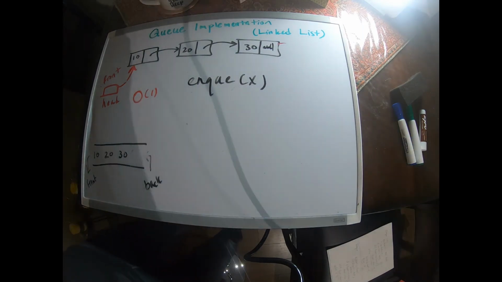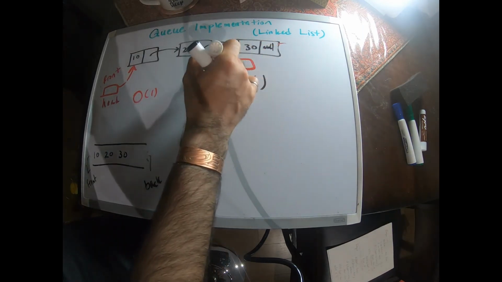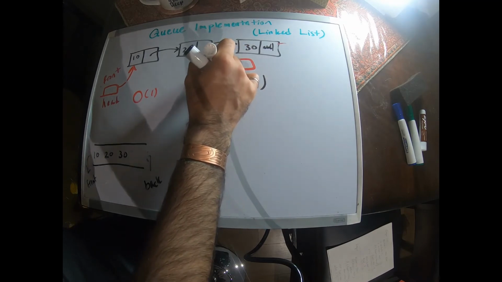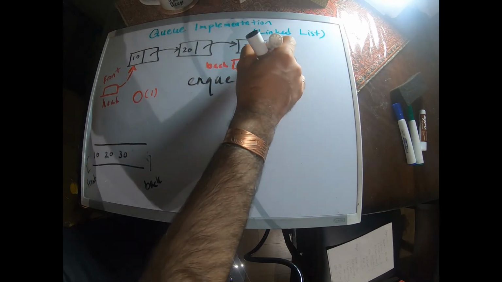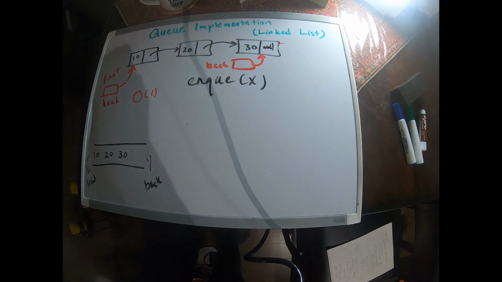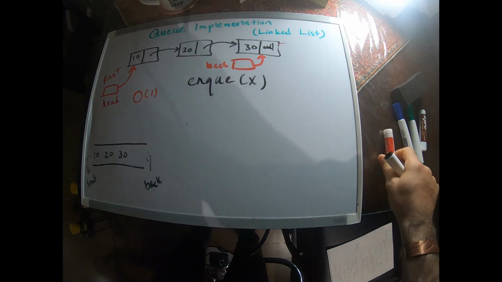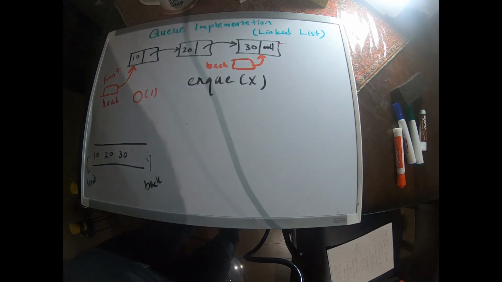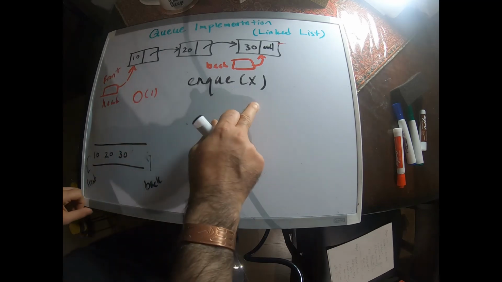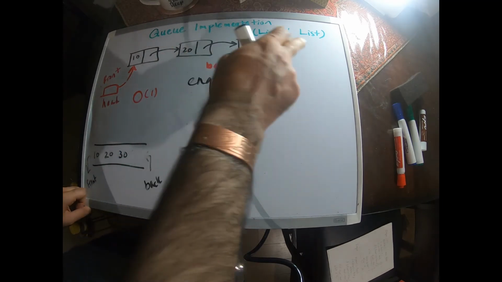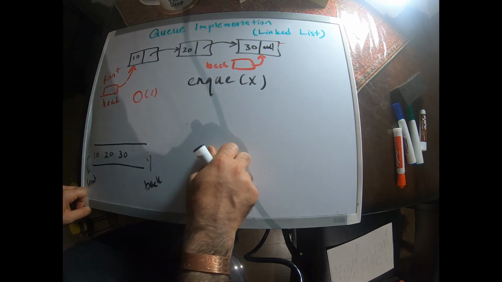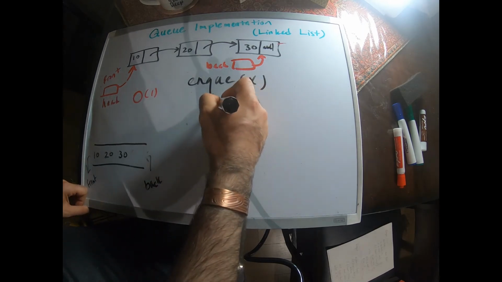And this is the back pointer, back or rear, you can name it whatever you want. Okay, so what should we do? We want to enqueue another number. So first of all, we need to have another node. So let's allocate another node.